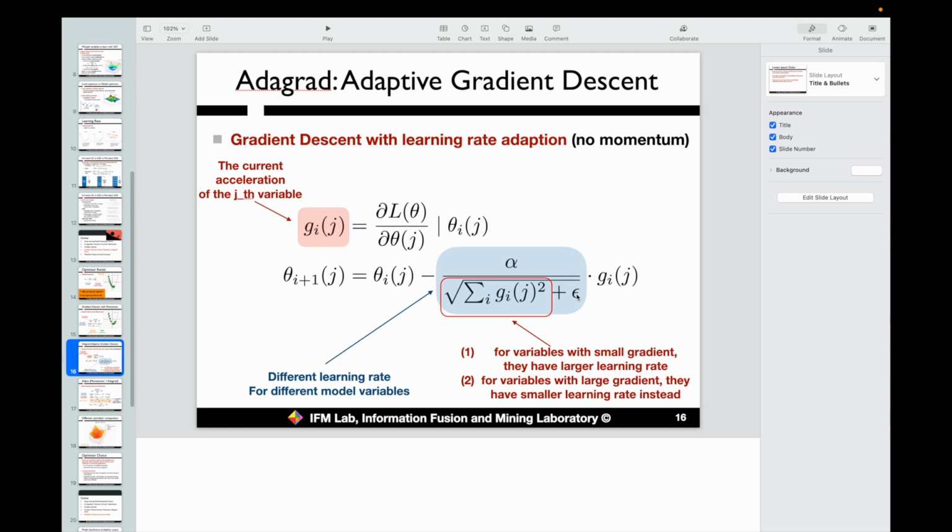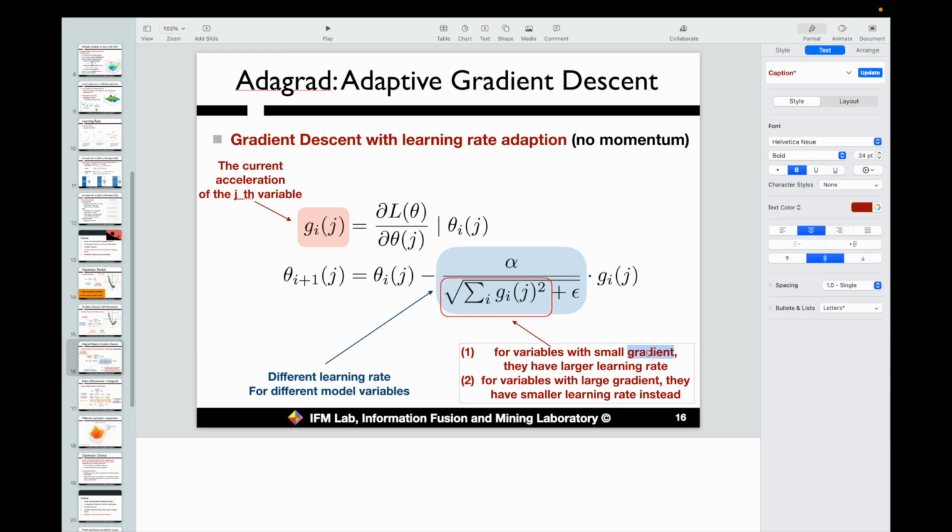And how can we understand this term? So let's assume we have some variables with very small gradients in the history. For such variables, because the gradient is so small, we will update them very slowly, right? For small gradients, we are moving very slowly actually. And we may wonder if we can speed up slightly for these variables with very small gradients.